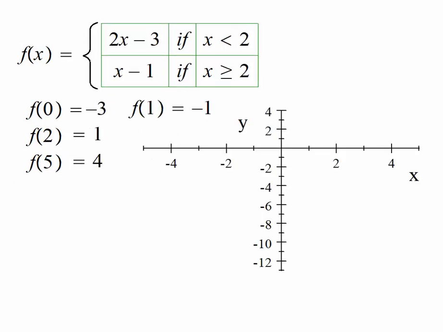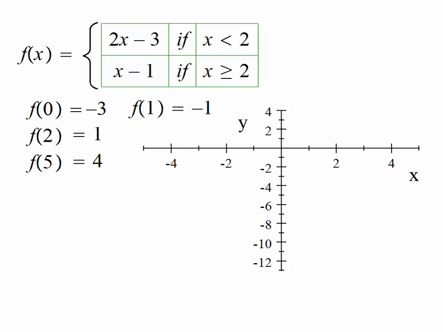Now let's go ahead and graph the function. I computed an extra value here for you: if you take x equals 1, the value will be 2 times 1 minus 3, that is negative 1.